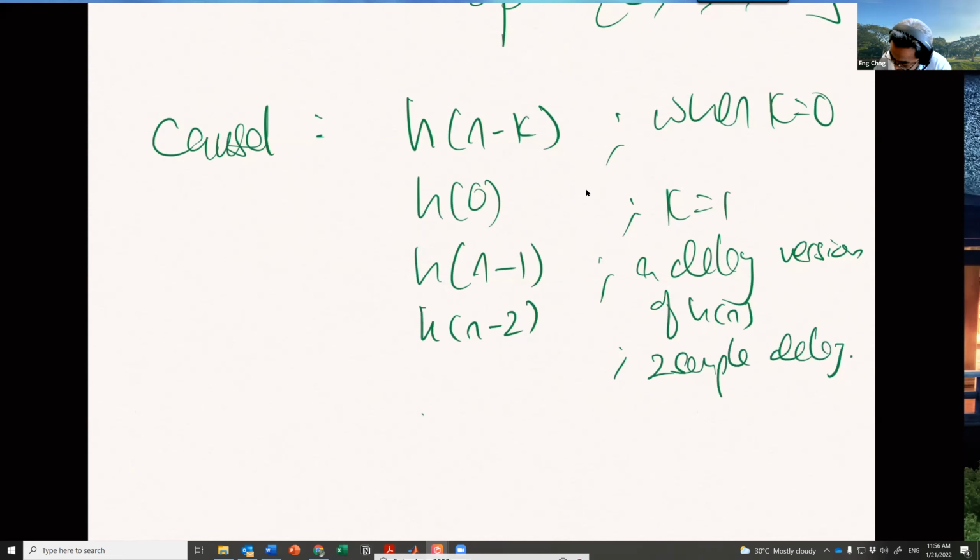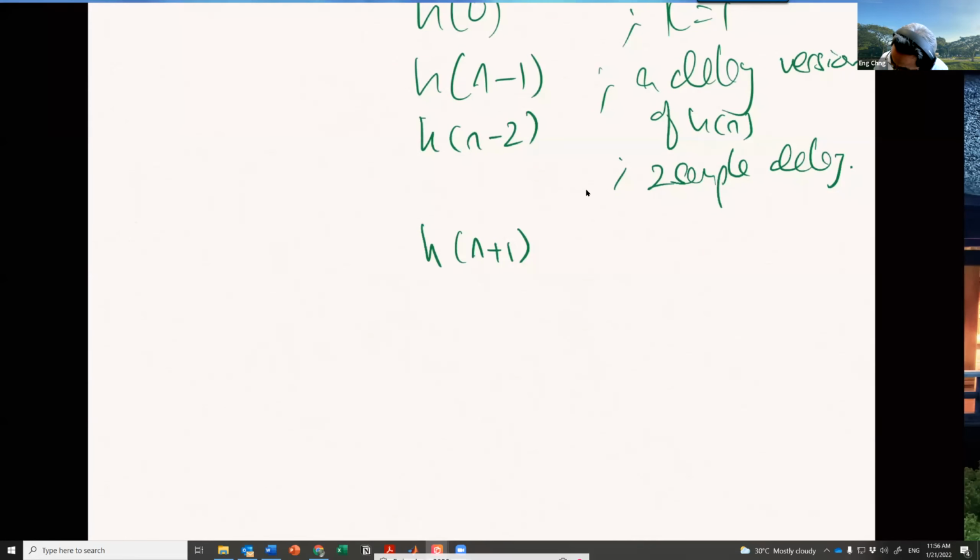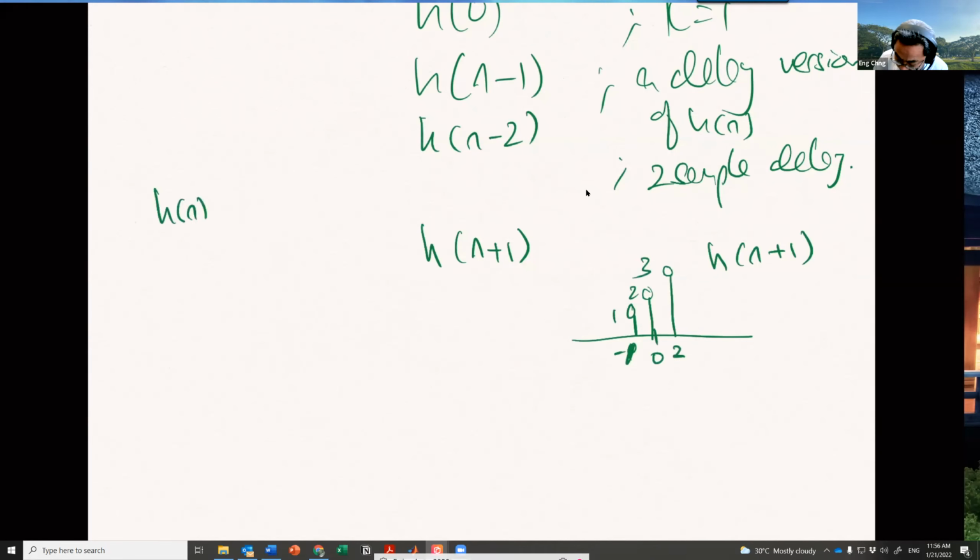What about h of n plus 1? Then let's draw h of n plus 1. At time 0, this is 1, this is 2, this is 3. For h of n plus 1, given that this is 1, 2, 3, and h of n is our little example here.